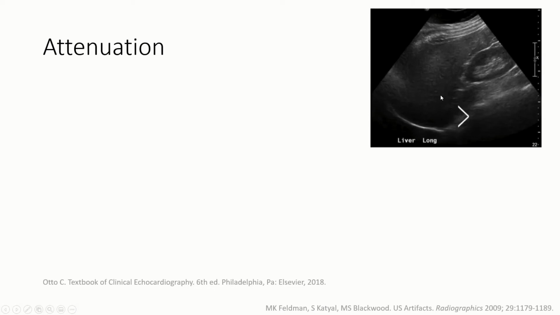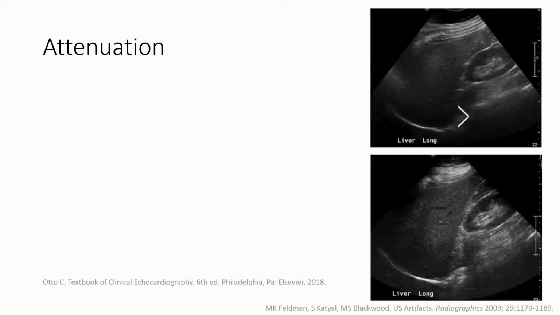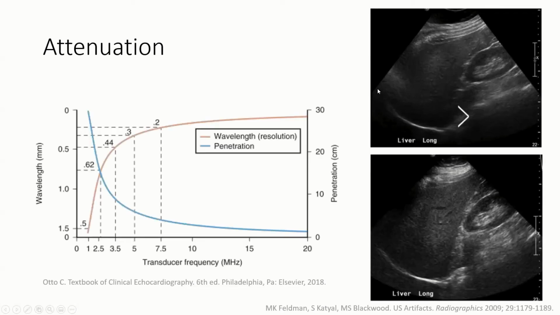When we improve the quality of the image, we can see the actual texture of the liver. It's better in this image than this one. This is a kind of difference in terms of attenuation.